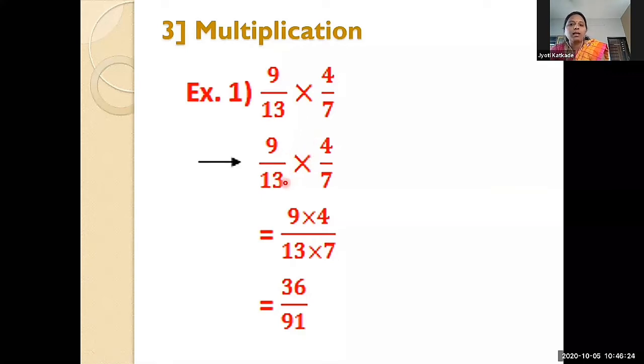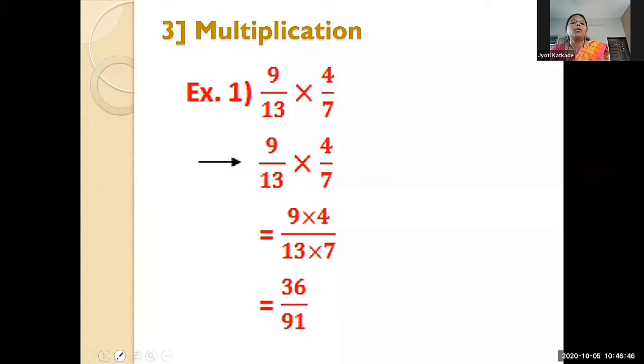Numerator values are 9 and 4. So, multiply 9 into 4 divided by the denominator values 13 into 7. Now, we get 9 4s are 36 and 13 7s are 91. In this way, we can multiply rational numbers.